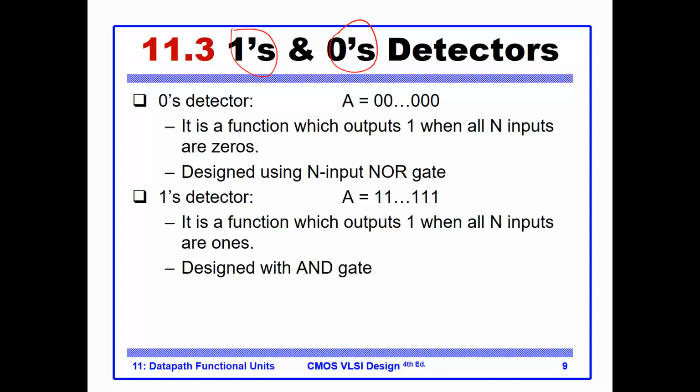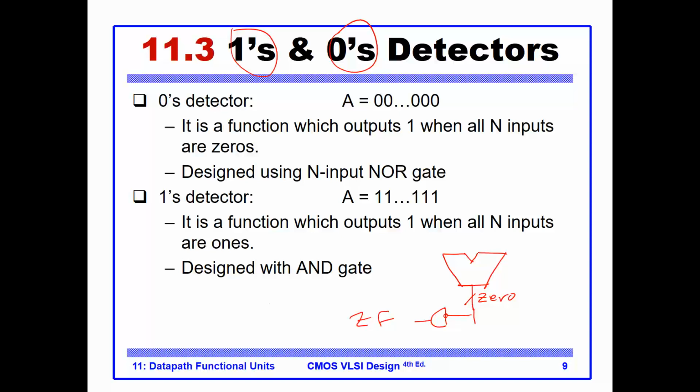Well, for example, if you have an ALU and the result is 0, typically you would like to detect that the result is 0, and that generates something called the zero flag, for instance.